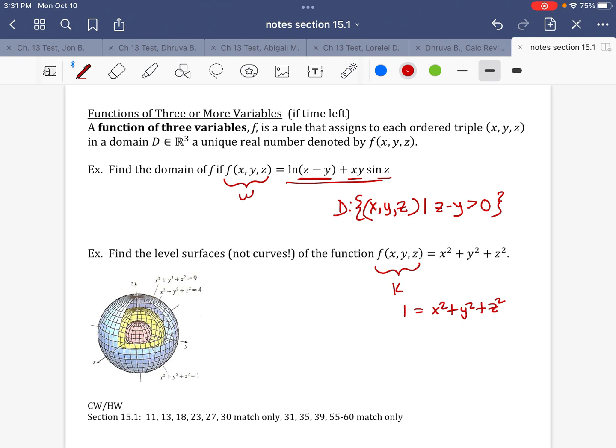So no longer is my trace a curve. It's now a surface because look, it's that little ball, a sphere right inside the middle. If I let the k value equal, let's say, 4, then I get another sphere with the radius of 2. And so I get another sphere in the center right there. So it just increased the value of it.